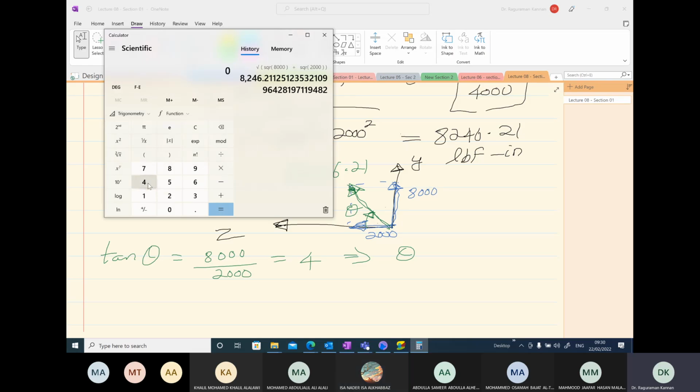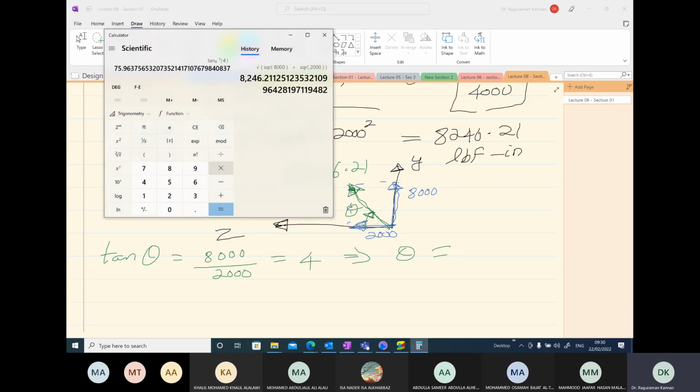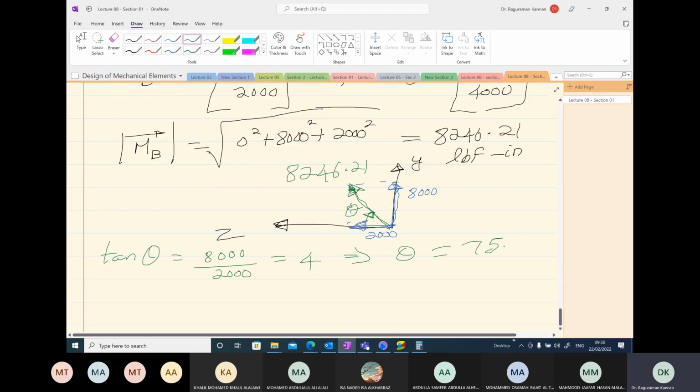I think I have to write 4 before it. So 4, then trigonometric, second, and tan inverse. So I get 75.96 degrees. If you leave it in radians, it will become a different value. So 75.96 degrees is the direction, and it is with respect to this axis that we are applying the moment.